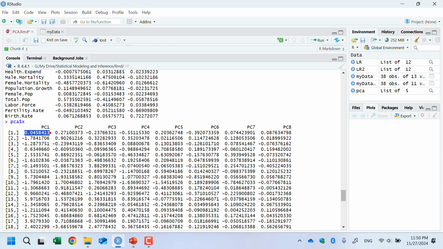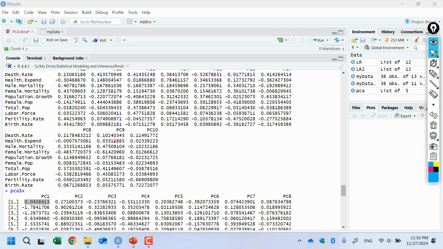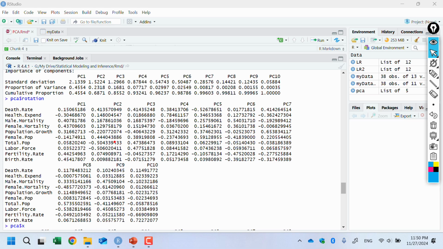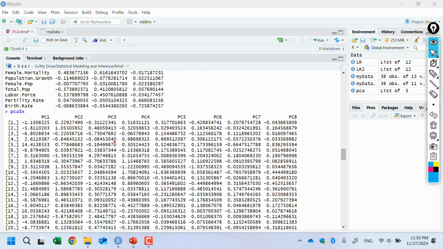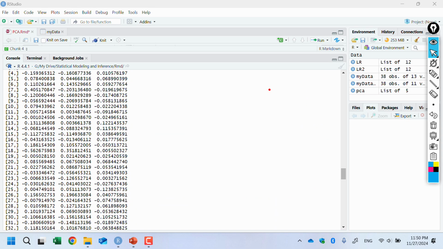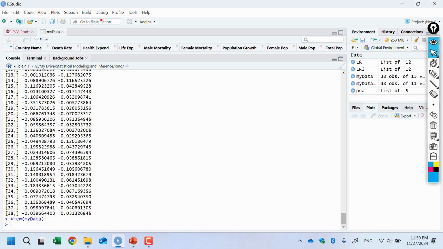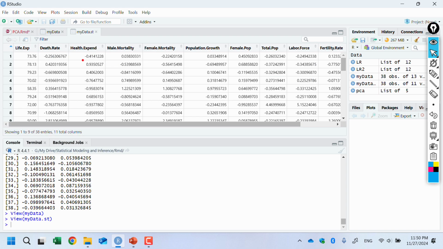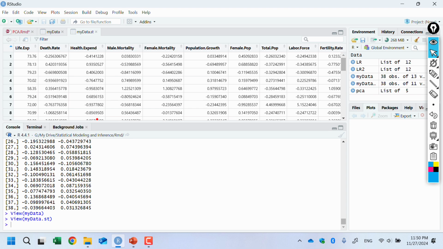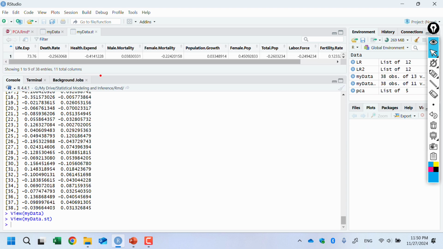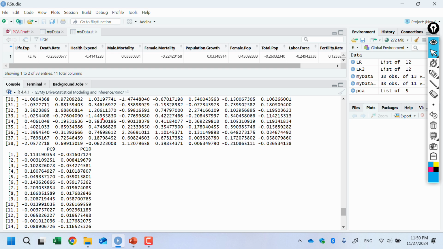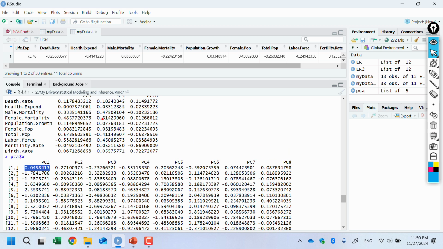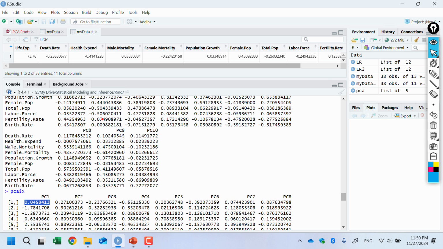So this number, 0.0454, okay. I don't know what the first country was, but if you take a look at it in my data, my data standardized. This is a standardized one, okay? So now this is the first country, okay?